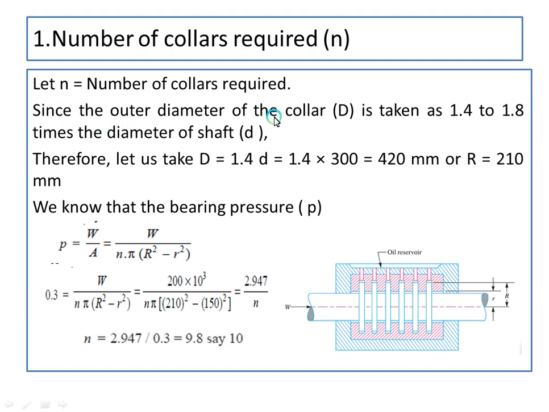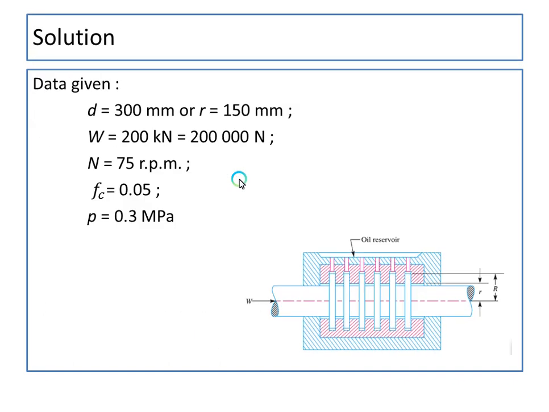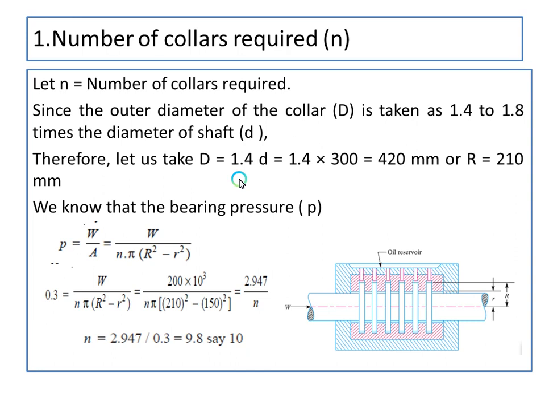Since the outer diameter of the collar is taken as 1.4 to 1.8 times the diameter, as we have learnt in the design aspects in earlier sessions, the outer diameter of the collar, capital D, can be taken as 1.4 to 1.8 times the diameter of the shaft.